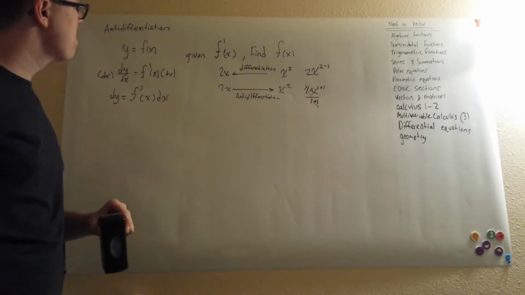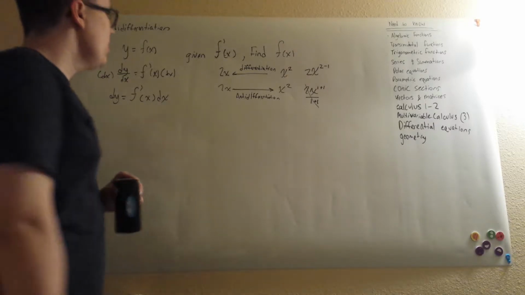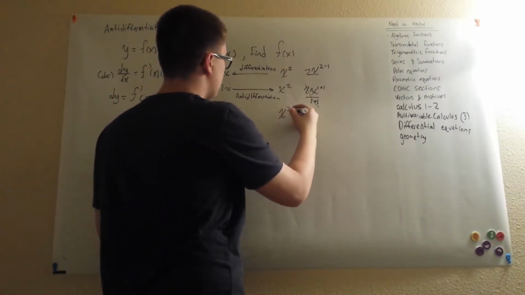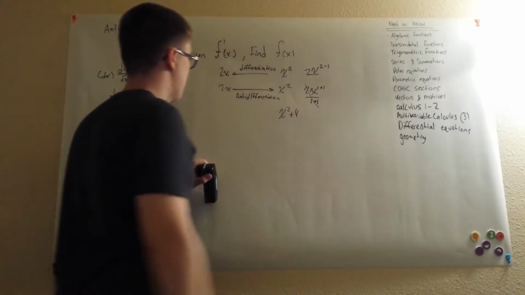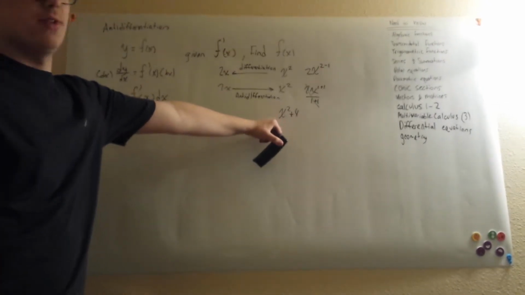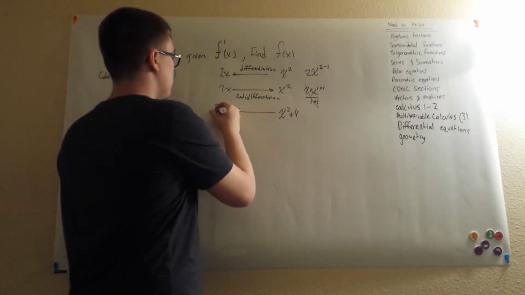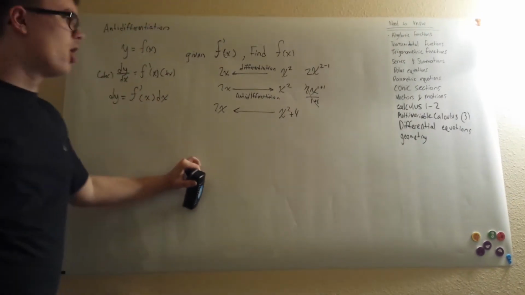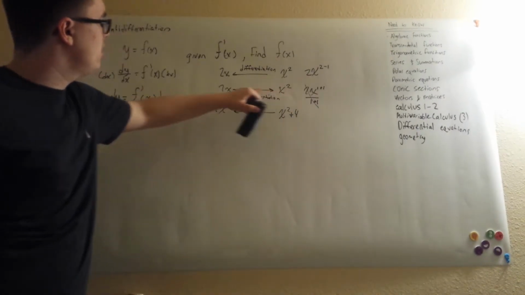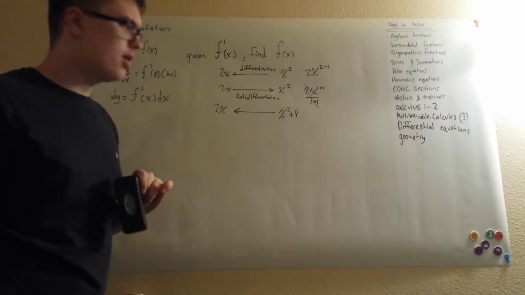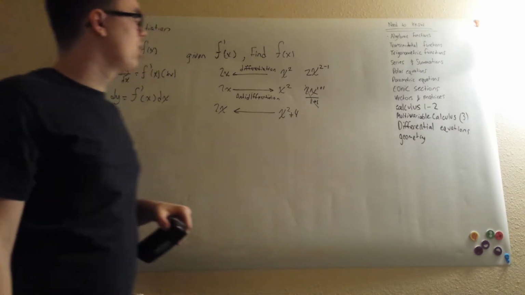So, okay. But what if we had x squared plus 4? If we took a derivative of that, we would get 2x. Well, that's the same thing as from here to here. But there's a 4 here? How do we get it back?